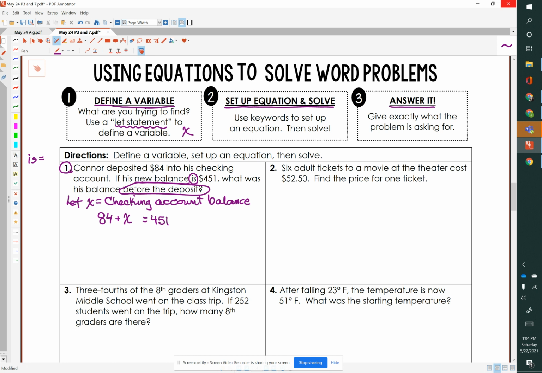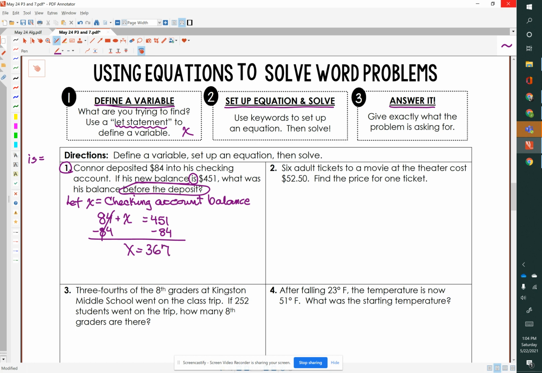So our problem would be 84 plus X equals $451. We'll subtract 84 from each side because we want to isolate that X, and we find that X equals 367.